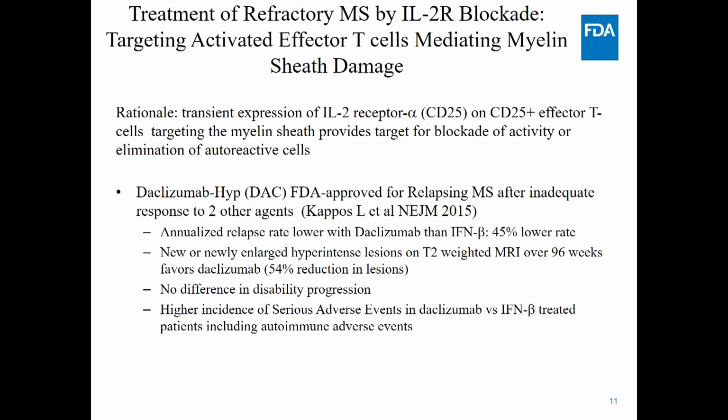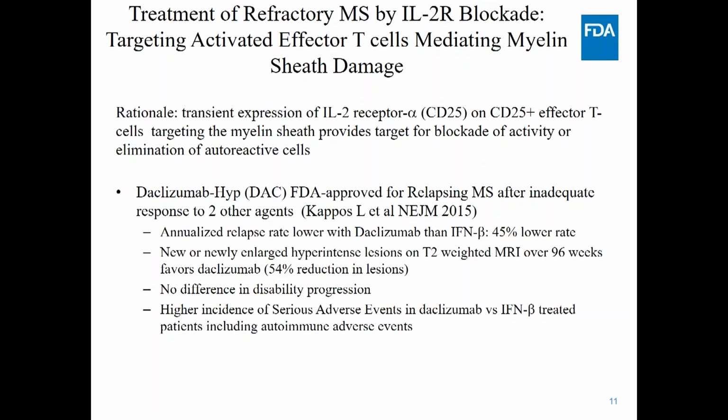The rationale here is simple: the IL-2 receptor alpha is transiently expressed on CD25 effector T cells, and of course it would be for these T cells that target the myelin sheath. And so daclizumab, a CD25 antibody, was approved by the FDA for relapsing MS after inadequate response to two other agents.